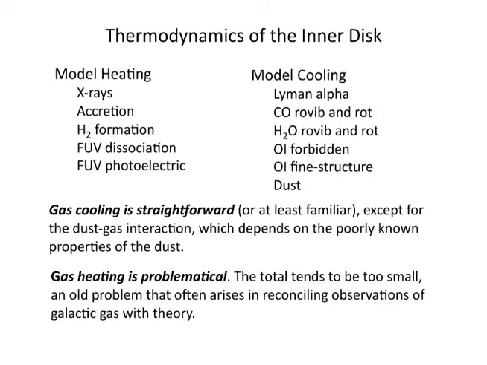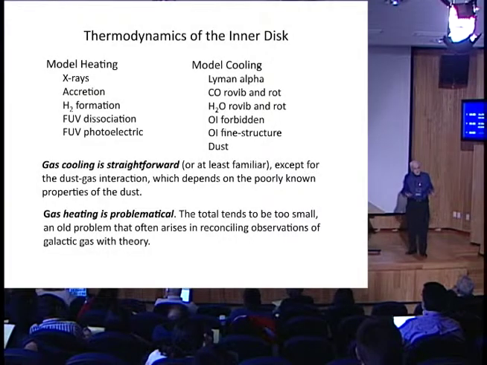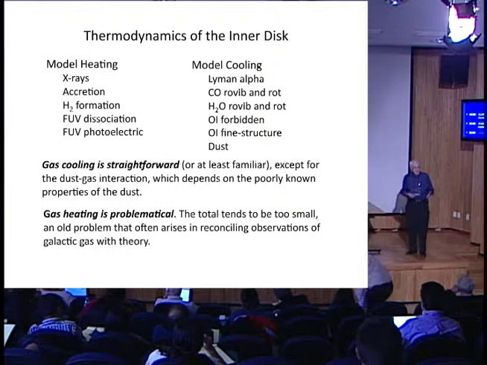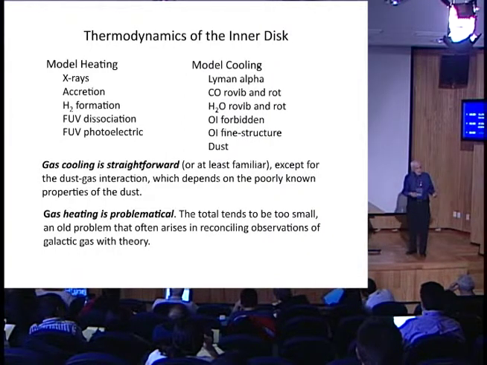However, the grains are not that important because we're assuming that the grain area is significantly reduced, which reduces the amount of FUV heating. The main message is that I think heating is a very serious problem. I've never really been happy with our understanding of it, and shocks, perhaps from accretion, may play some role, but I'm not sure how important they are in the inner disk, and I have not actually gotten yet to the point of putting that into these modeling efforts.